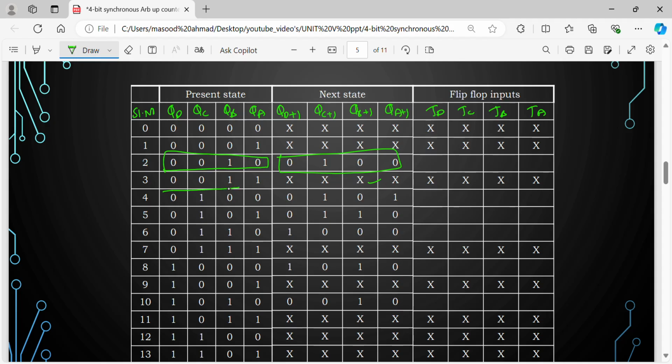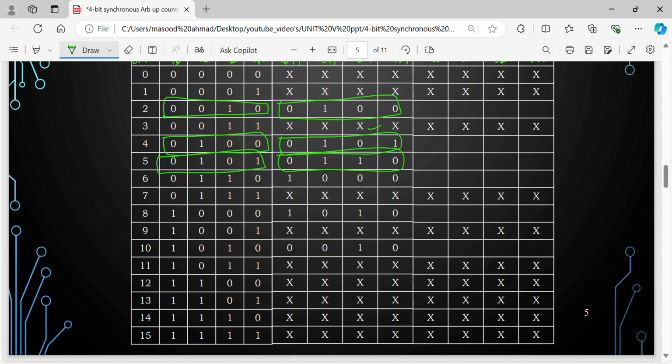For 4 the next state is 5. For 5 the next state is 6. For 6 the next state is 8. For 8 the next state is 10. For 10 the next state is 2. For the rest, don't care.